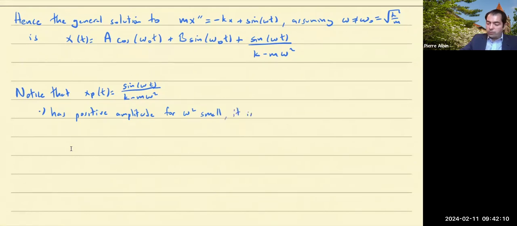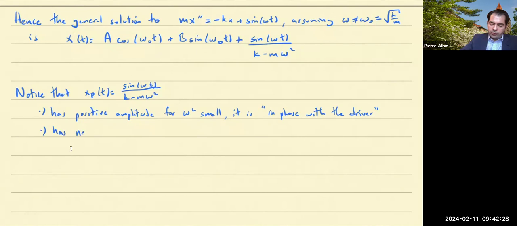So it's reinforcing the vibrations that we had going on. So we say that it is in phase with the driver.